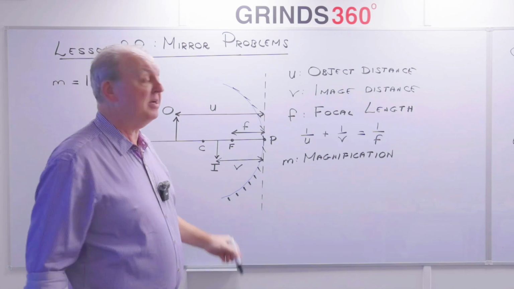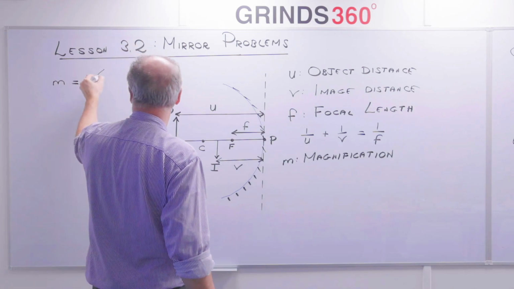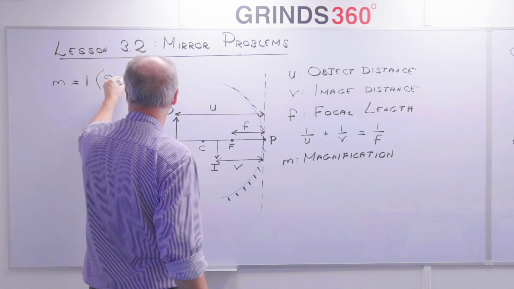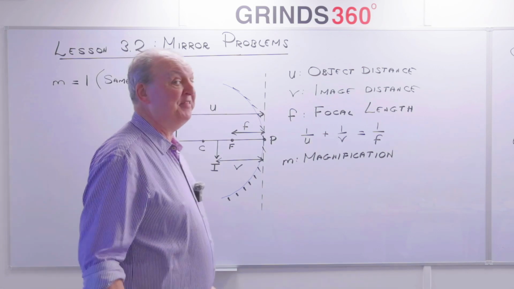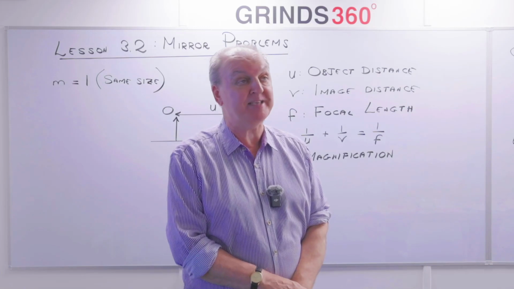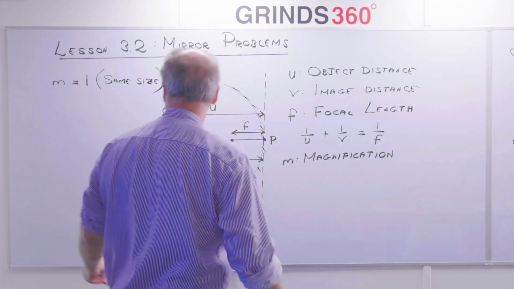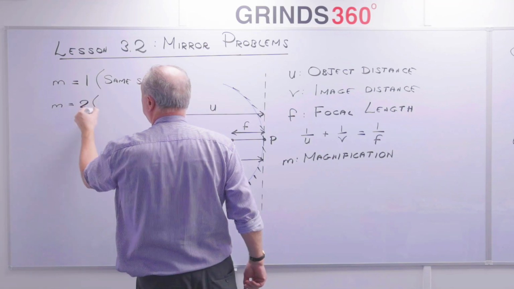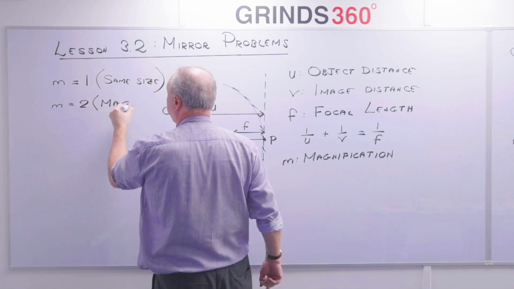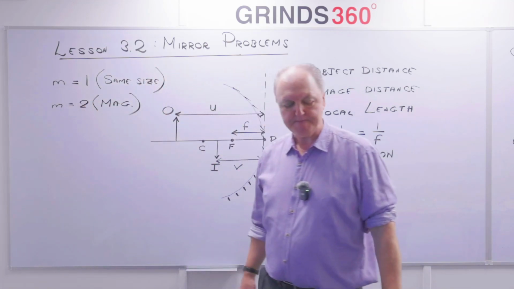That means same size. However, if the image was bigger than the object, let's say it was twice as big, then you would say that, for example, M is equal to 2. That would represent a magnified image.